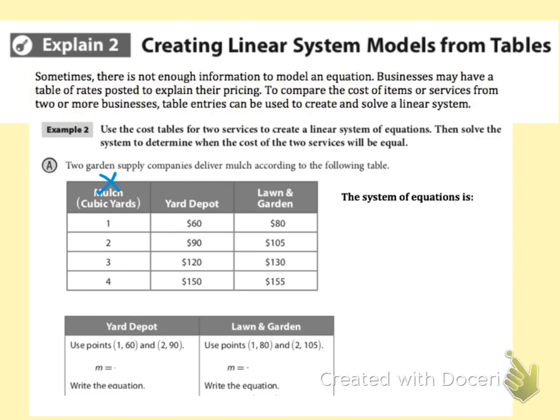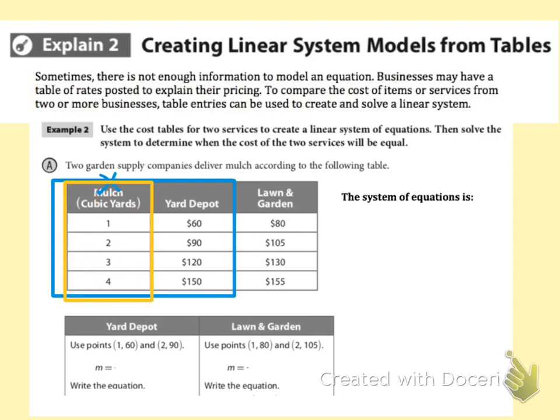There's one table for one company, and if you take the first and the last columns and put those together, that would be another table. So we have some ordered pairs in this table.